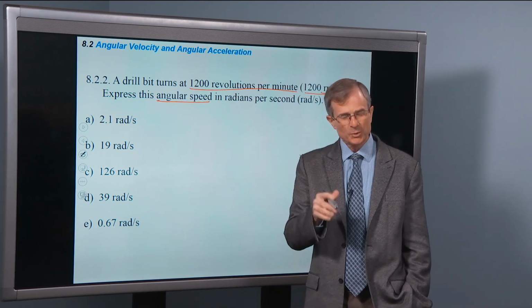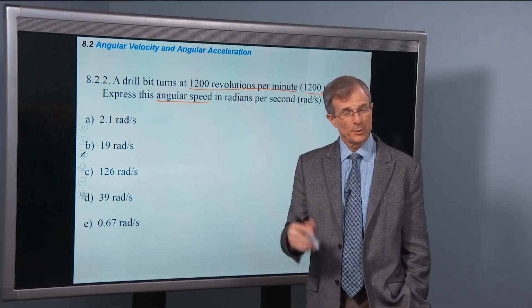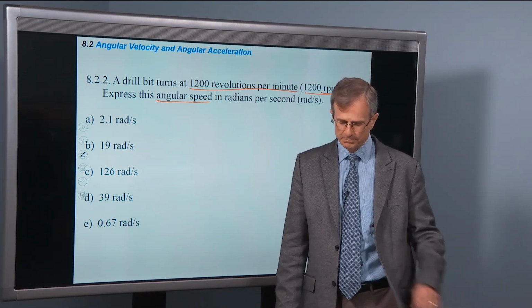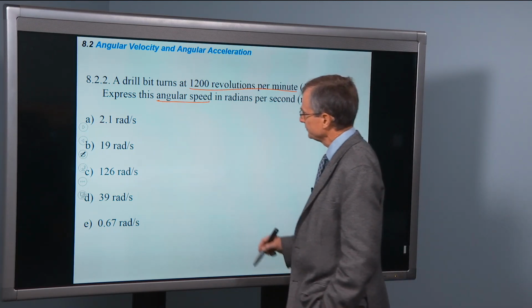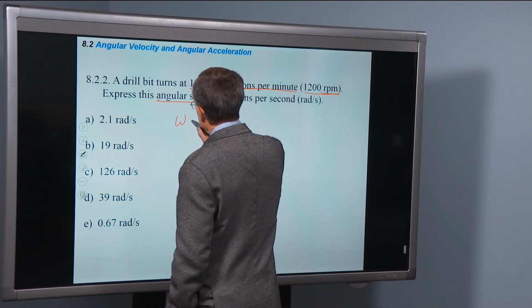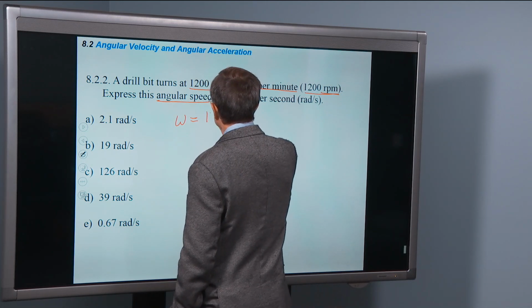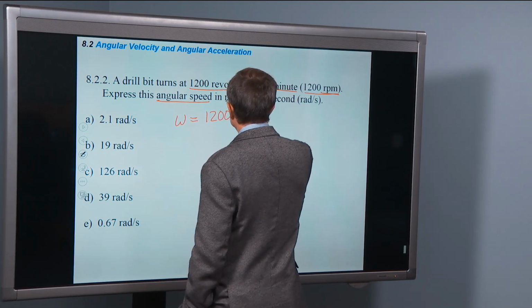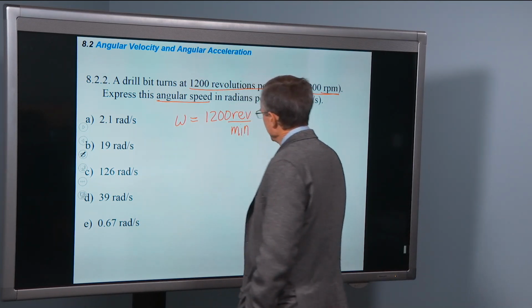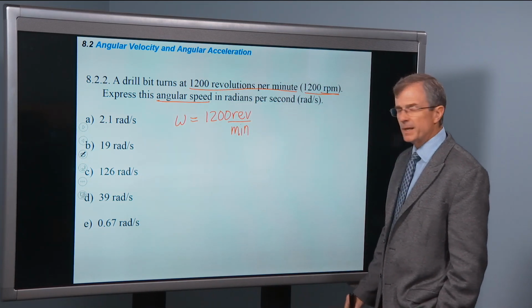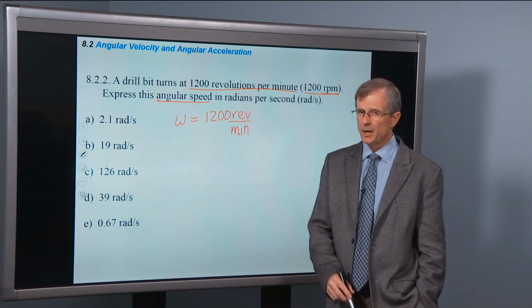It's going to be the absolute value of the angular velocity, or the magnitude of the angular velocity, in radians per second. So I want to express that in terms of radians per second. How am I going to do it?